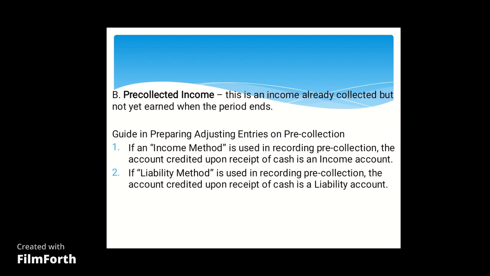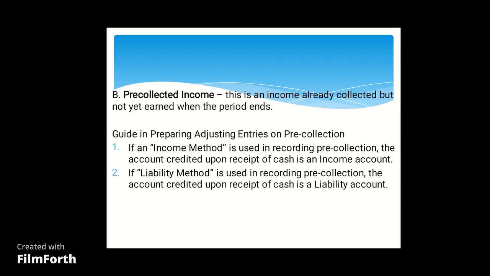These are the income method and liability method. Regardless of which method is used, the amount collected in advance will become a mixed account at the end of the period. Thus, an adjusting entry is necessary to split the income and liability accounts, which are the components of mixed accounts.